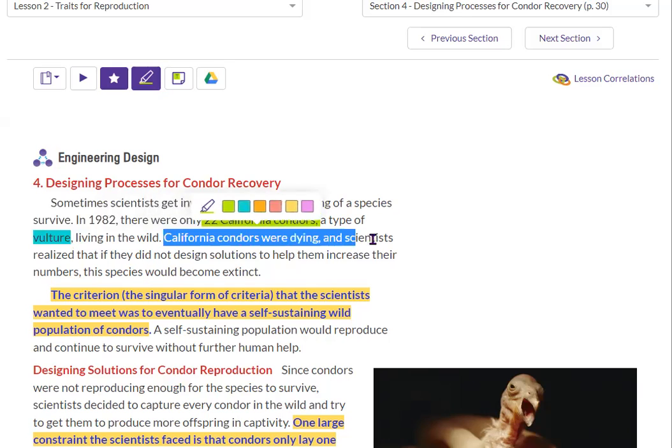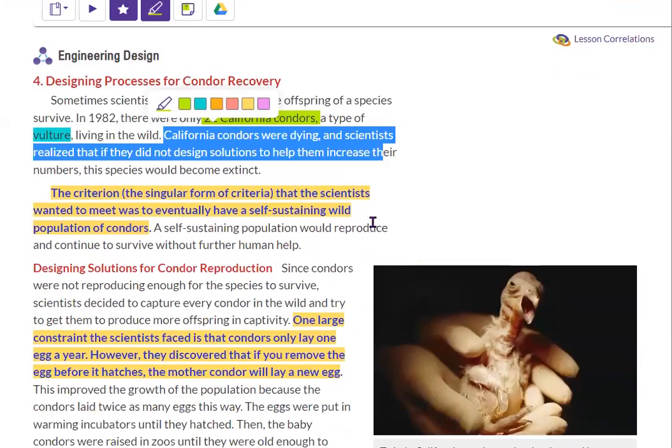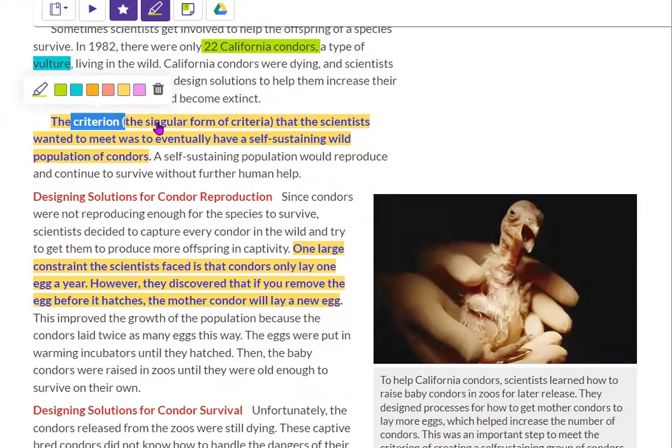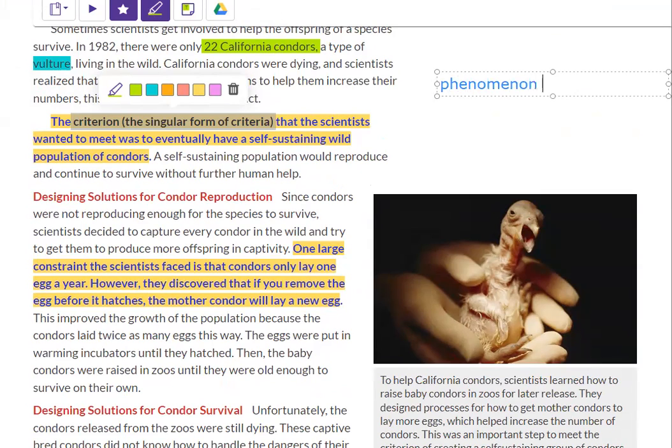California condors were dying, and scientists realized that if they didn't design solutions to help them increase their numbers, the species would end up becoming extinct. And so the criterion, aka the singular form of criteria, kind of like phenomenon and phenomena, right? Let me write that down here. Right, so phenomenon versus phenomena. This is plural and this is singular, right?